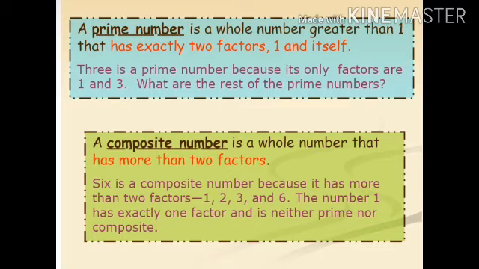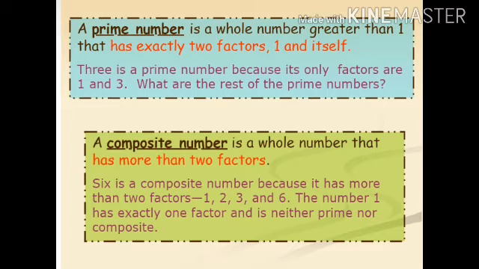What is a prime number? A prime number is a whole number greater than 1 that has exactly 2 factors, 1 and itself. For example, 3 is a prime number because its only factors are 1 and 3. Next, the definition of composite number.